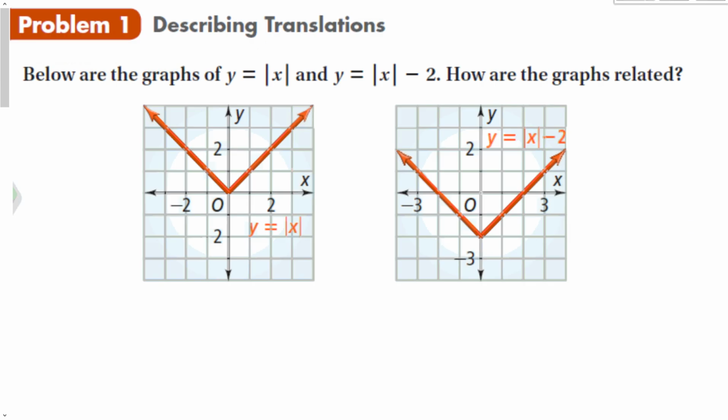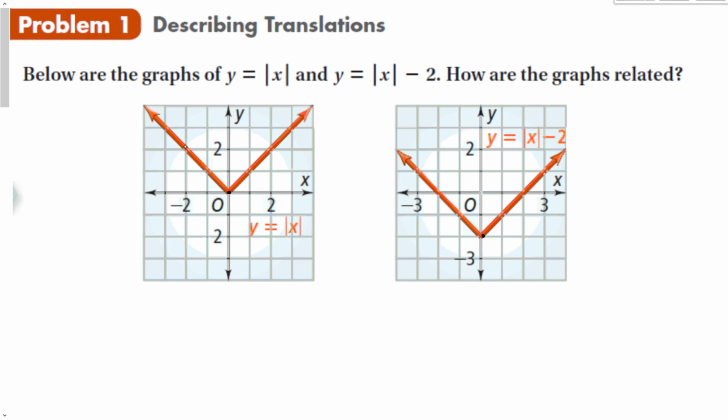So below is the graph of my parent function, y is equal to the absolute value of x, and y is equal to the absolute value of x minus 2. Notice here my vertex is 0, 0. Here my vertex is 0, -2.